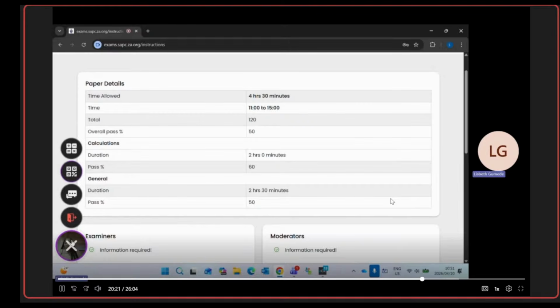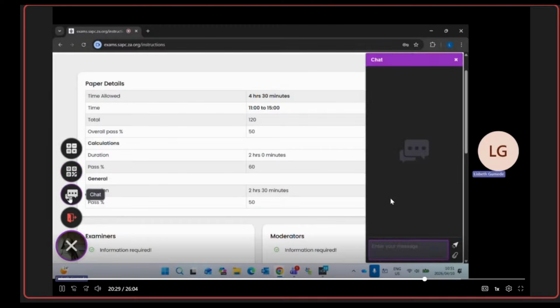While we are here, the options you have are your calculator, your QR code, in case it gets disconnected, and the chat function. With the chat function, this is where you are now able to chat to the invigilator regarding anything. So say I want to confirm what time my exam will be.